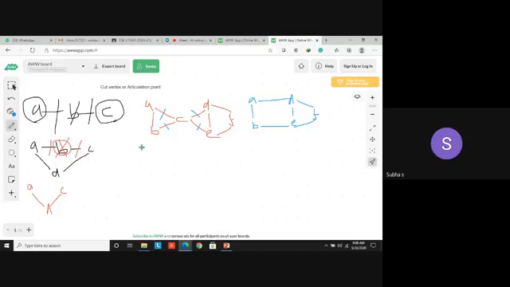Yes, what is an articulation point? If I remove any vertex in a graph and the graph becomes disconnected, then that vertex is called the articulation point. So normally in a network, consider thousands of nodes. Even if a node fails, it should not affect all other nodes. That is important.